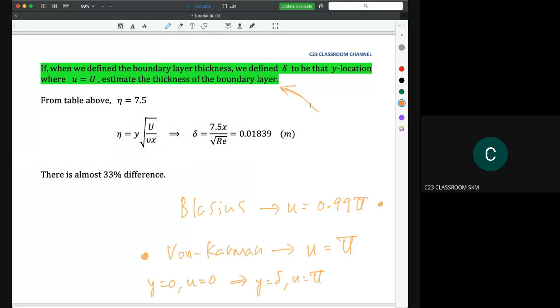Okay, so in this question, if we assume that the boundary layer is actually from 0 to u equal capital U, what is our answer? Compare with the previous one, compare between von Karman and Blasius. Again, because we don't have any velocity profile here, what we need to do is refer to a table.